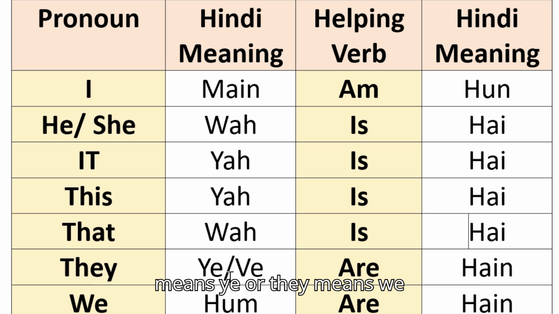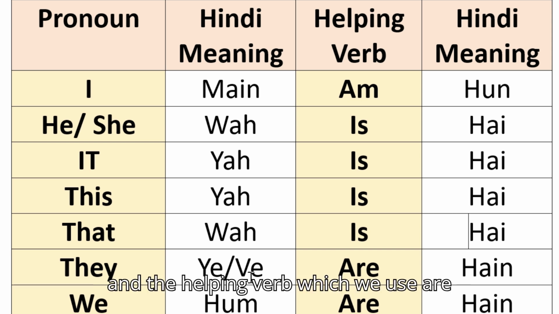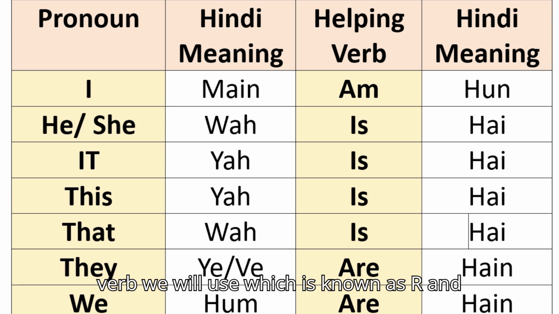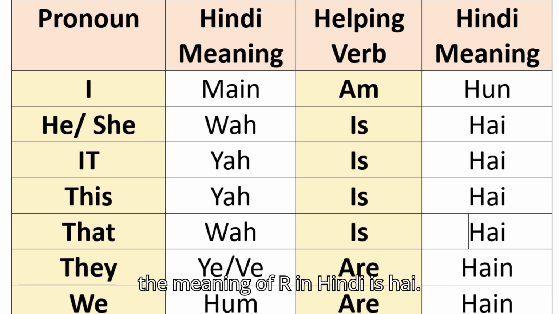They means ये, or they means वे, and the helping verb which we use are meaning in Hindi है. And same way if we use we means हम. Same helping verb we will use which is known as are, and the meaning of are in Hindi is है.